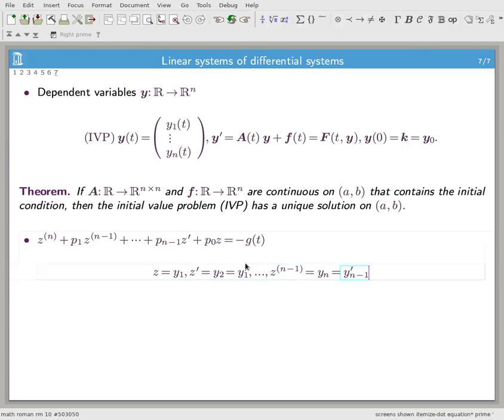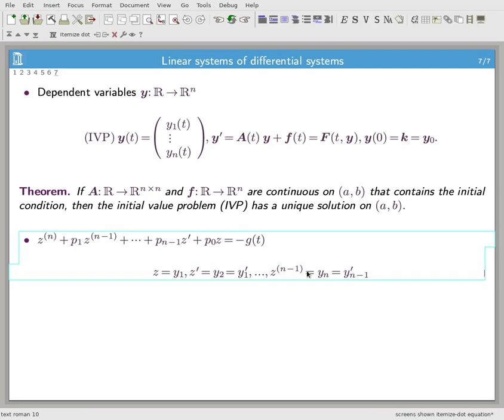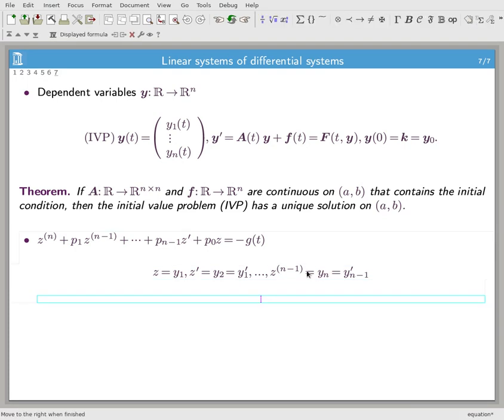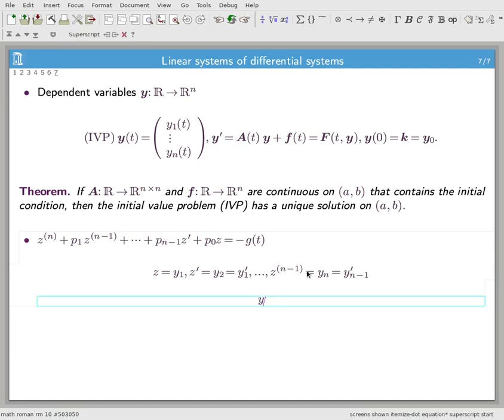From the above we see that we get first order differential equations from y1 prime is y2 and so on, and the initial equation that we started off from is just going to be something that we can write as yn prime.